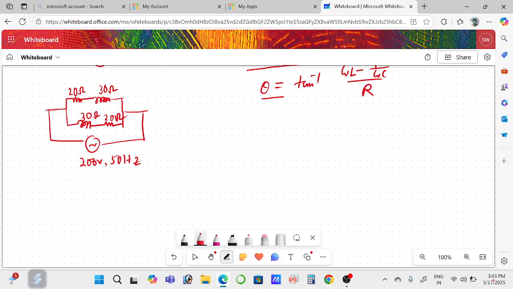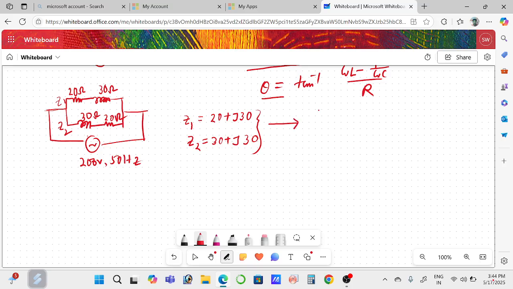So we have two impedances, Z1 and Z2. Suppose this is Z1 and this is Z2, and these two impedances are in parallel. First of all, we want to calculate Z1. Z1 will be equal to 20 plus j30, and Z2 is simply 30 plus j20. These two are in Cartesian form, and we can convert them into polar form.